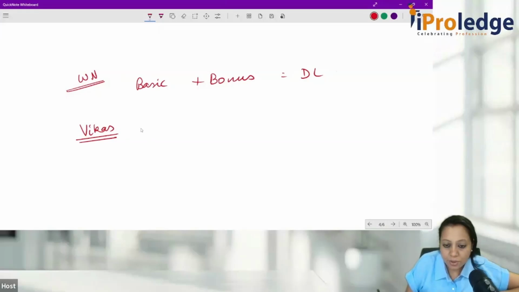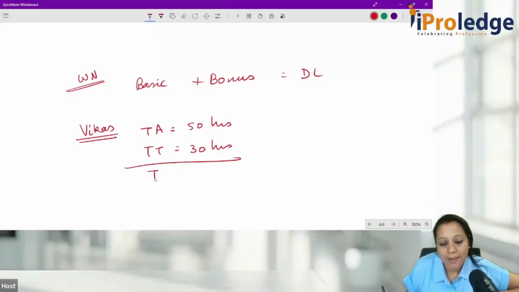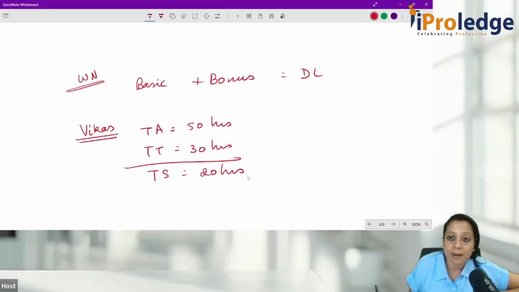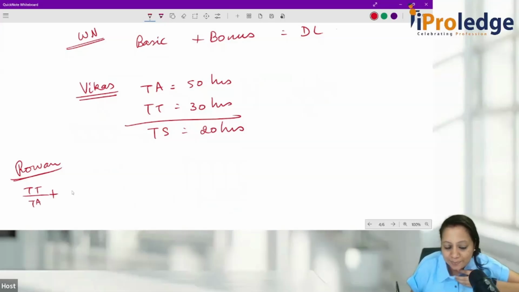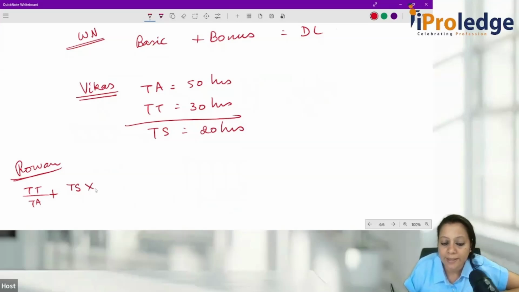So now we have Vikas. For Vikas, total time allowed is going to be how much? 50 hours, and time taken is only 30 hours. That and all we remember. Time saved is equal to 20 hours. And what are we following for Vikas? Rowan for Vikas. So Rowan system, what is the formula, everyone? Time taken divided by time allowed, into time saved, into wage rate.